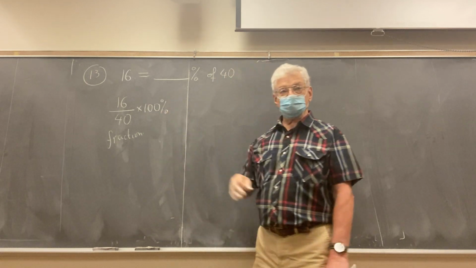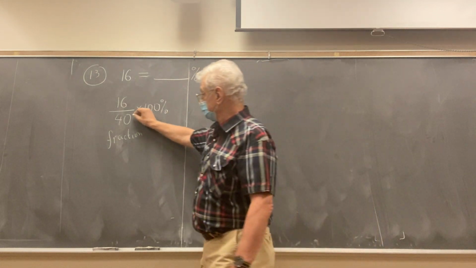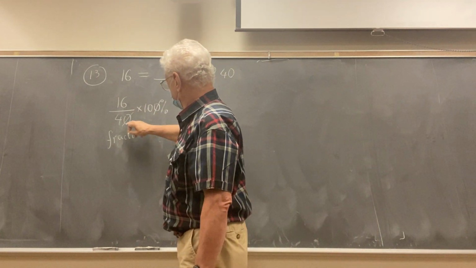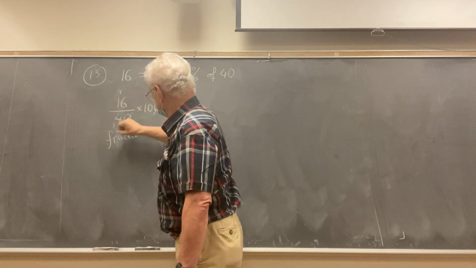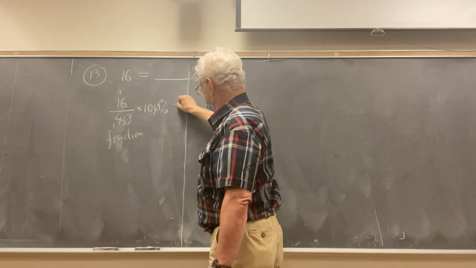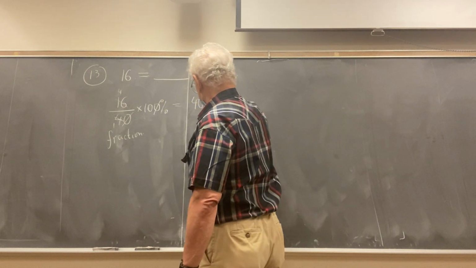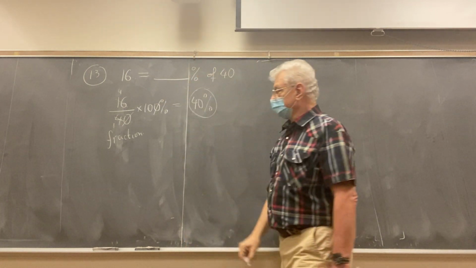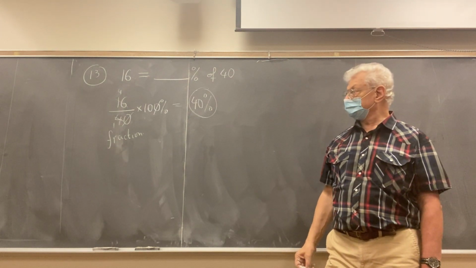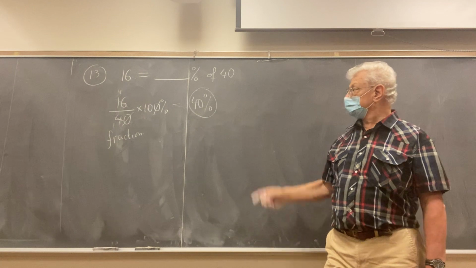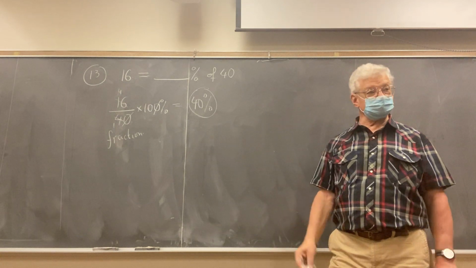If you calculate, you'll get the answer. 10 and 10 cancel out, and 16 over 4 gives you 4, and this is 1, so 4 times 10 will be 40. Don't forget to write percent. So this is the answer: 16 is 40% of 40.